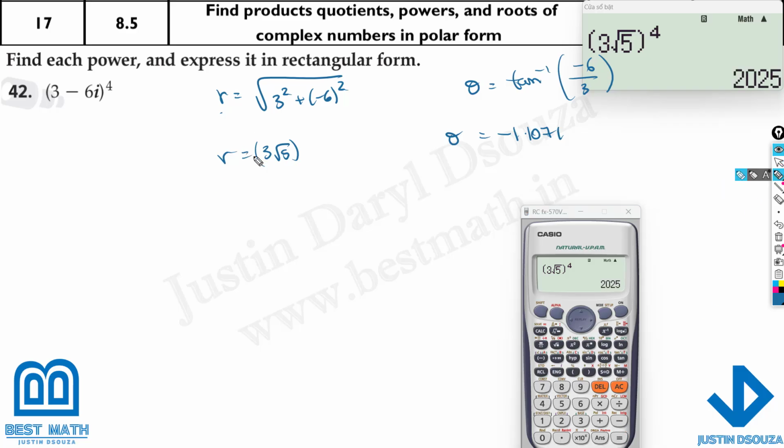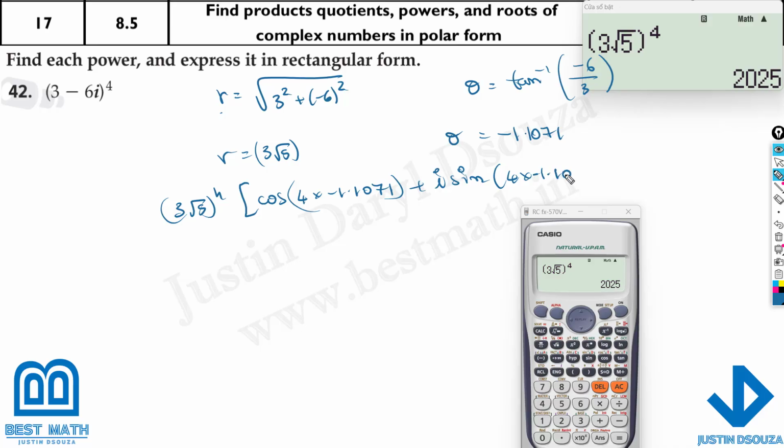So here it'll be 3 square root 5, the whole power 4. And over here we have cosine 4 times minus 1.1071 plus I sine 4 times minus 1.1071.